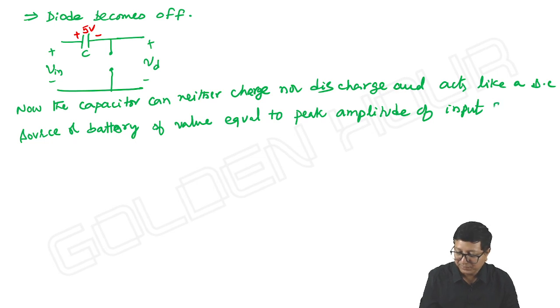What is the peak amplitude? In this example, 5 volt. The peak amplitude of the input is 5 volt. Okay.